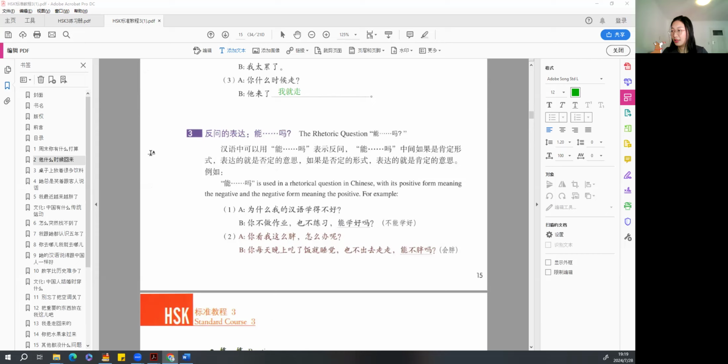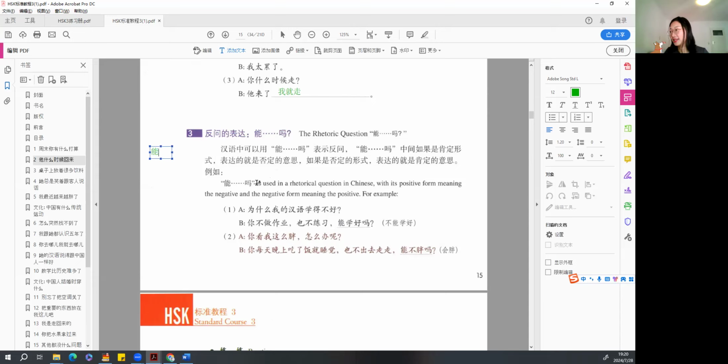This is 能. It represents to can do something, able to. And we all know this is ma, the question mark at the end of the sentence. This is supposed to be a question, right?